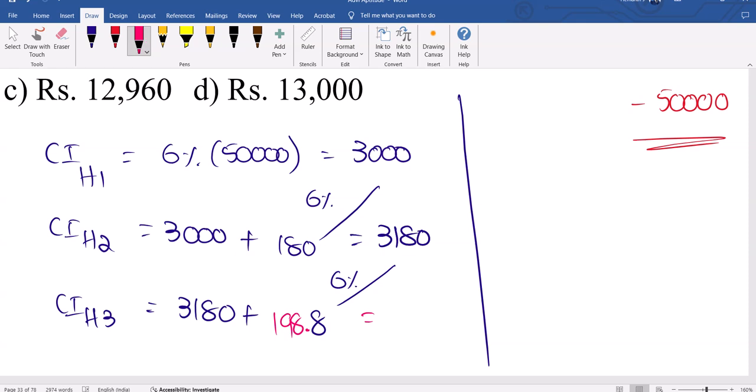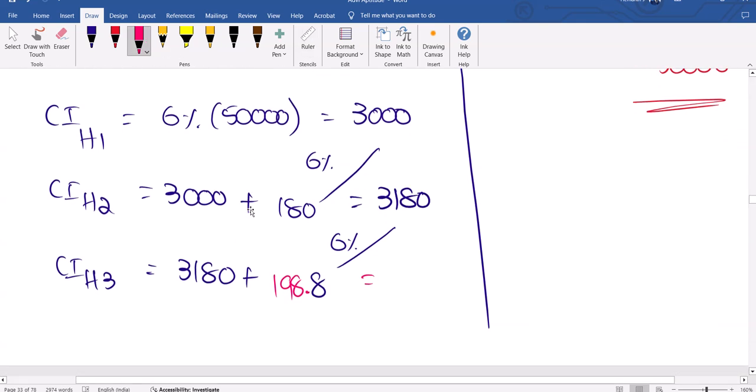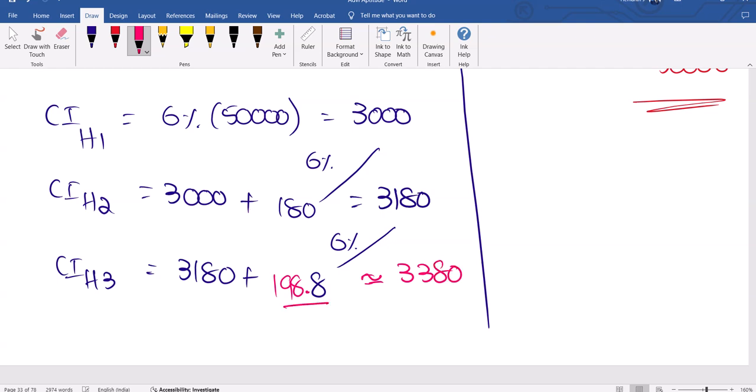So close to 200, let's approximate it. Close to 200 it is, then it is approximately 3,380. Approximated this as 200, for your easy calculation.